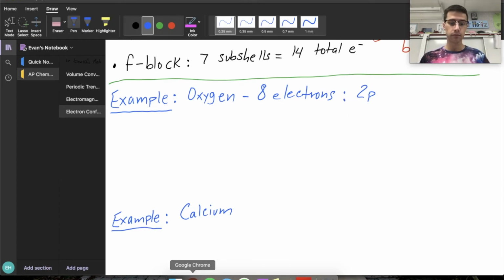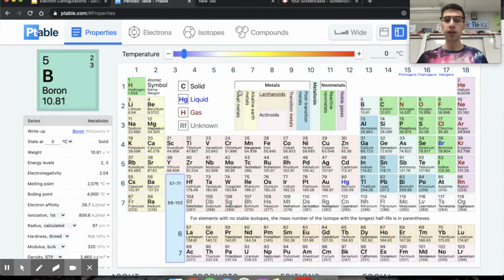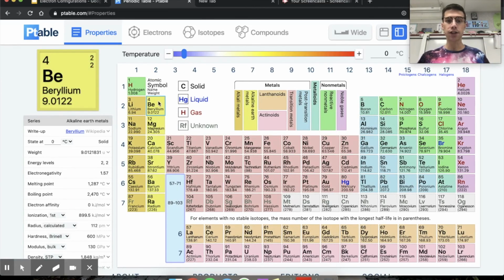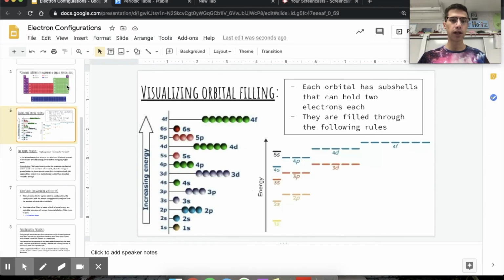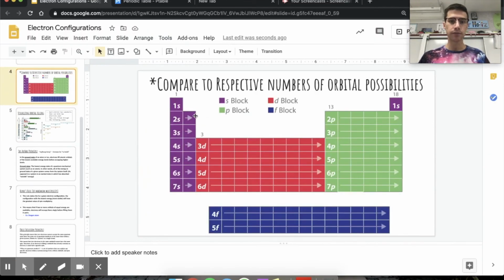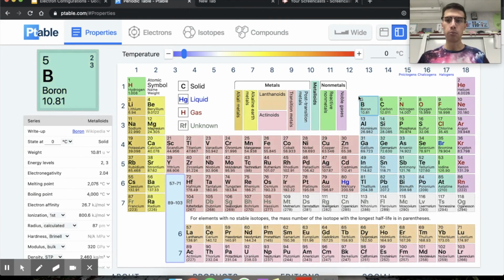Now, within 2p, once we move out of 2s, beryllium is the final element in 2s. If we're looking at our periodic table here, here's 2s, and we jump over to 2p, which starts at element boron.